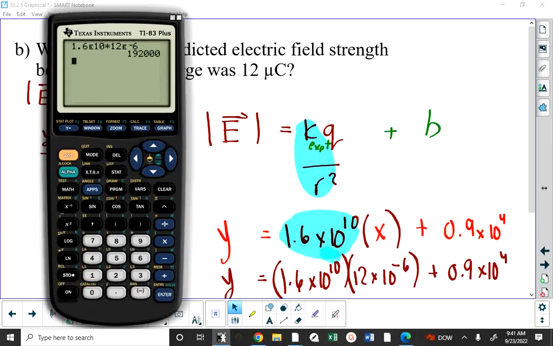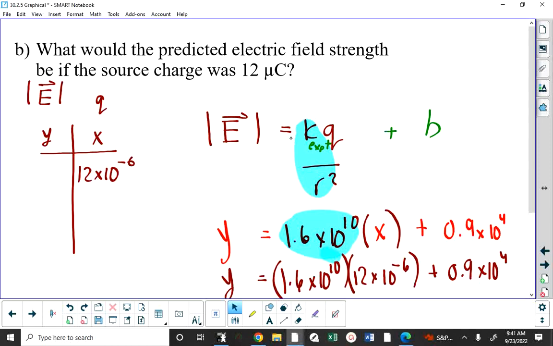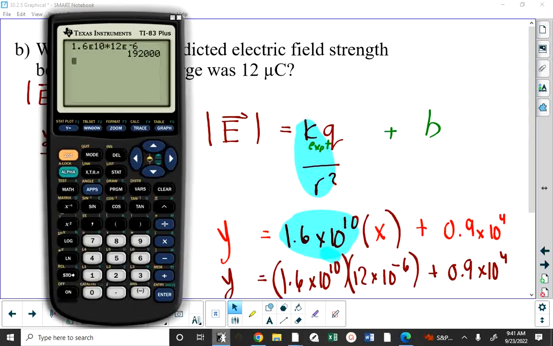If you thought, well, physics says there shouldn't be a y-intercept, so I'll just do that. And that, by the way, Annalie and everybody, that's what you would get if you took the experimental value of Coulomb's constant times your Q that you're given over the 0.75 squared. But if you just take the slope, you don't have to worry about that over r squared. However, we still have to add the 0.9 times 10 to the 4. So that's the correct answer. And thank you for the correction. It's tricky stuff.